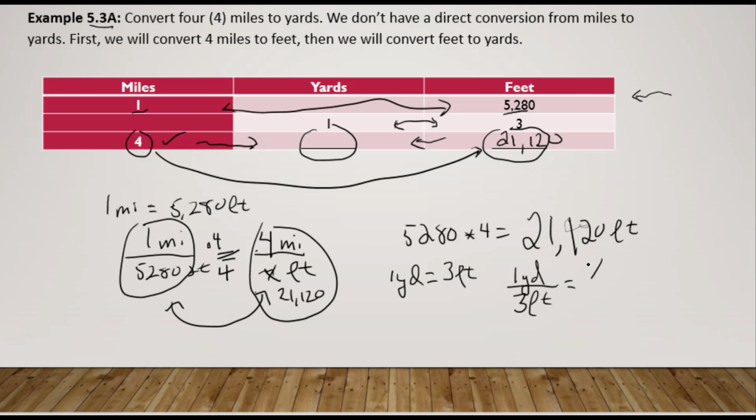Therefore, how many yards is the same as 21,120 feet? In this case, I don't know what to multiply 3 by to get 21,120, so I'm going to go back and use our fundamental technique of cross multiply and divide. Now, I'll get myself a little bit more room here.